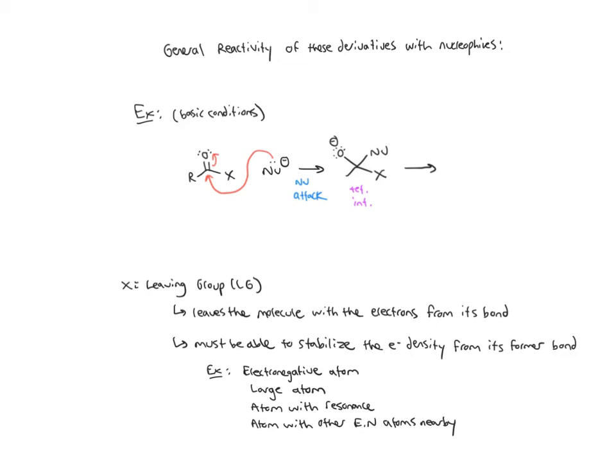So let's go ahead and do that. Our oxygen in this case is negative, so the oxygen that was originally in the carbonyl, that one's going to come down, and then we're just going to kick out that X group. That's basically going to replace that X group with whatever the nucleophile is. So structurally, we're going to substitute out that X group for the nucleophile.